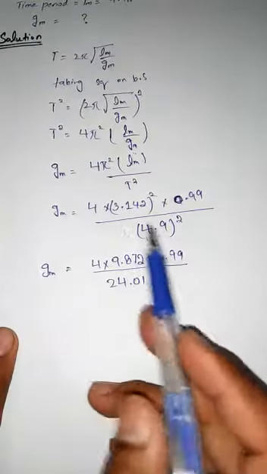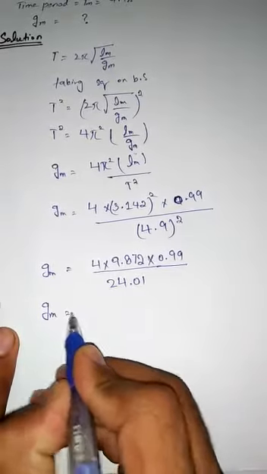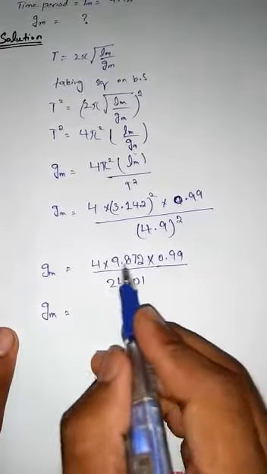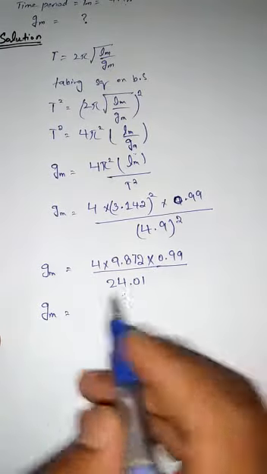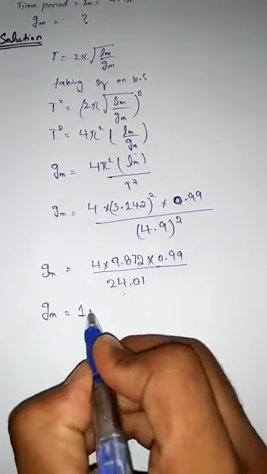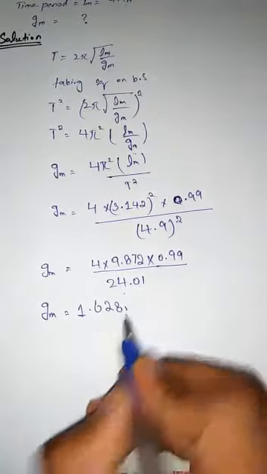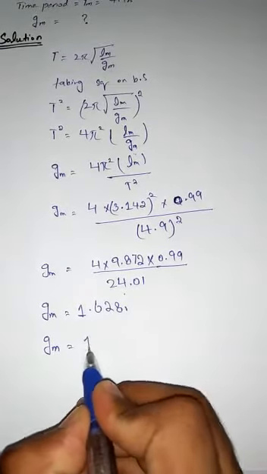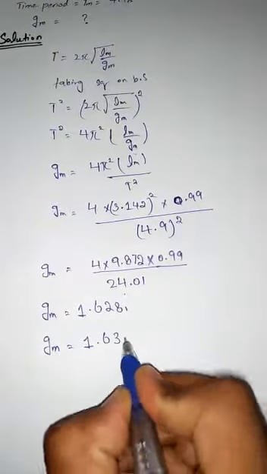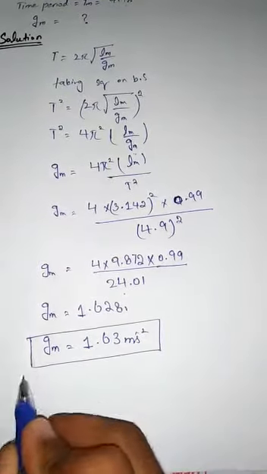By using a calculator, first we multiply and then divide by this. The answer will be 1.628. By rounding off we get the exact value of 1.63 meter per second square. So this is the value of gm.